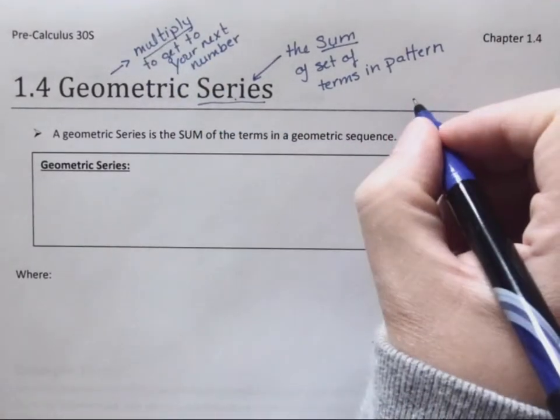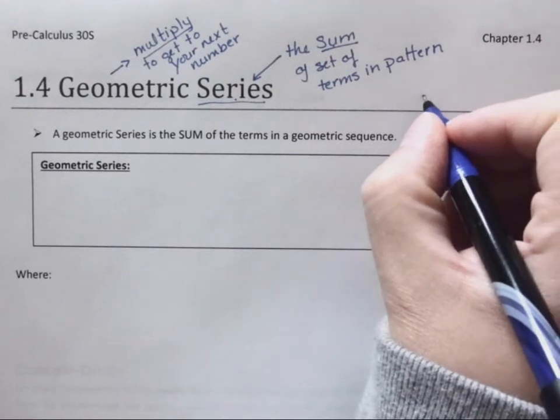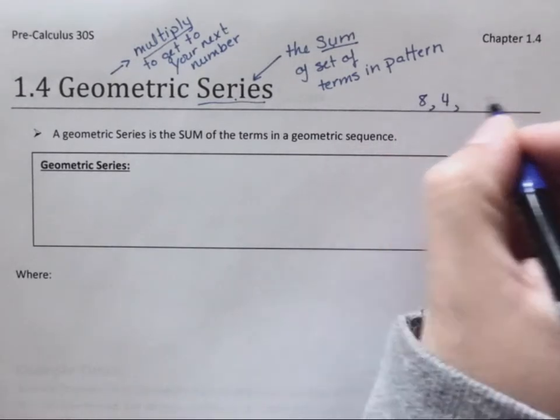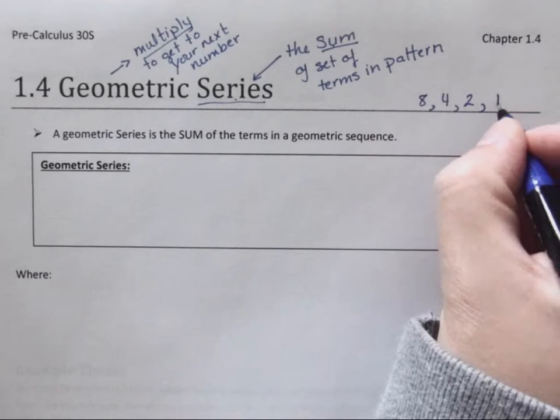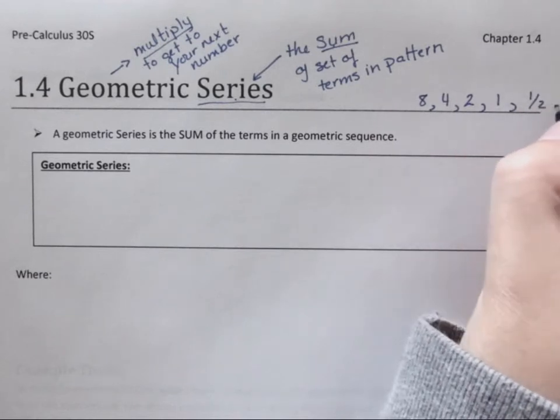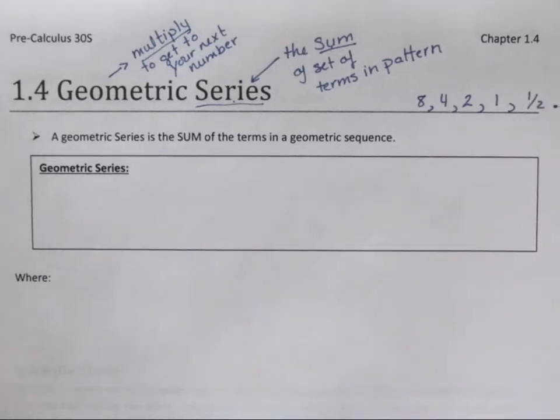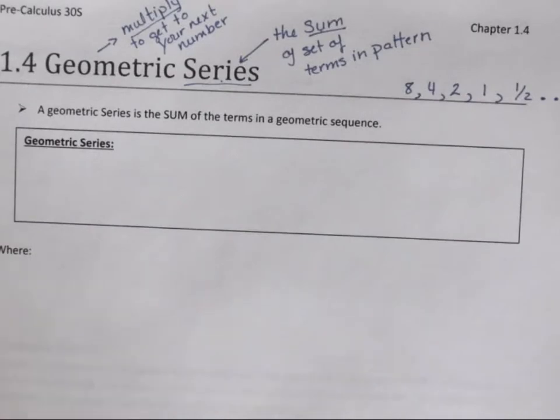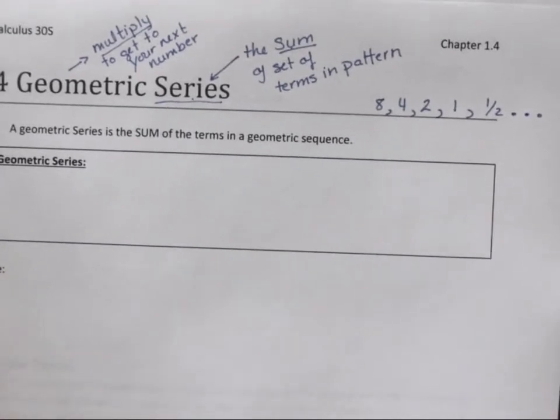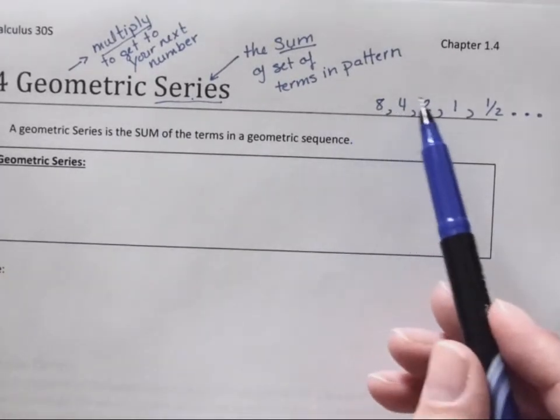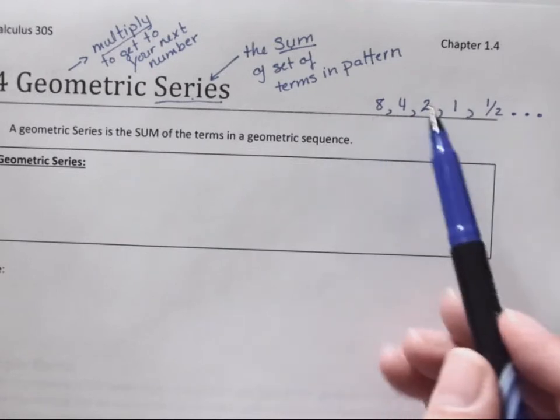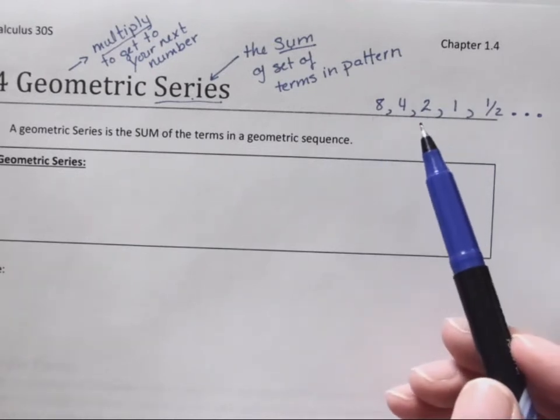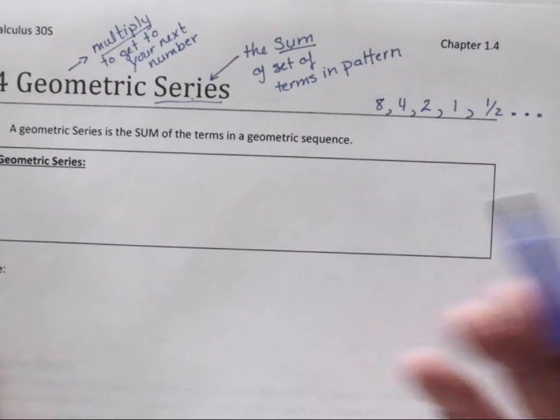Also, just want to point out that let's say my series is 8, 4, 2, 1, 1/2, and it continues on. Now you're like, okay, I'm not multiplying to get to the next number. I'm dividing by 2, essentially, is what I'm doing. But we can change dividing by 2 into a multiplication.